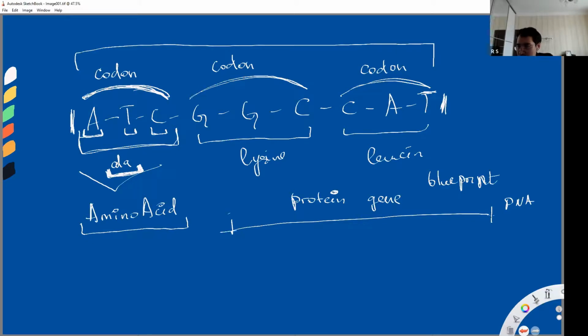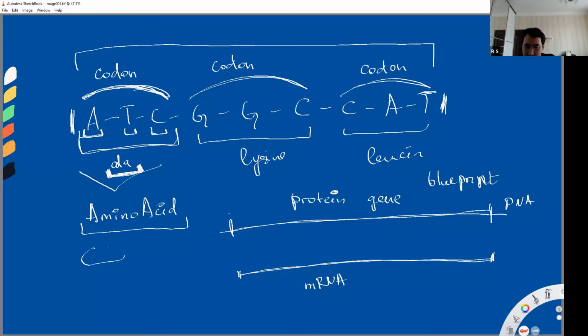Through the process of RNA polymerization, or so-called transcription of the RNA, we make a copy of this gene with the RNA nucleotides. After being processed, it will be called messenger RNA.